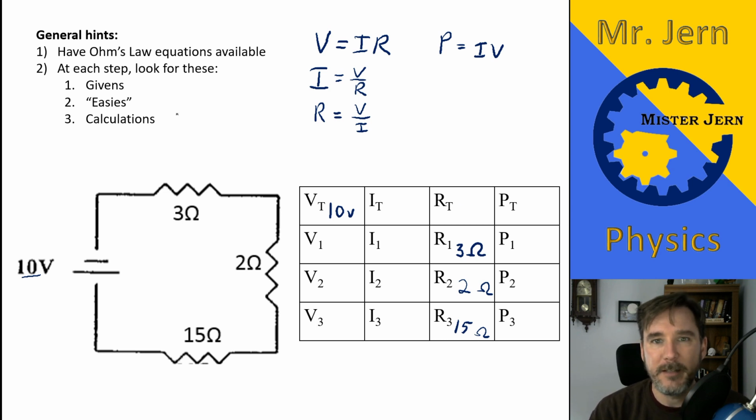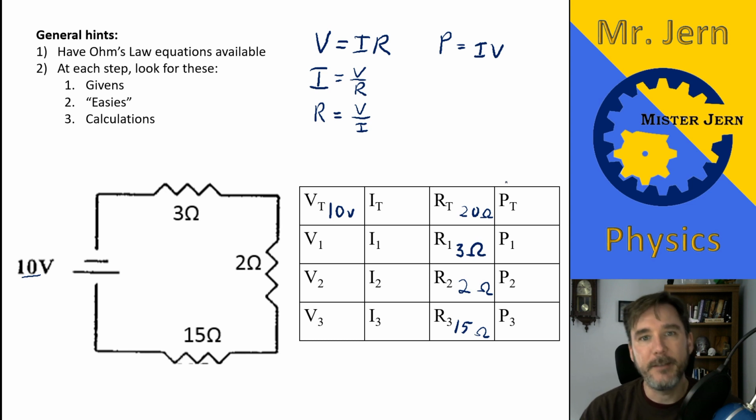That's a calculation. When we're dealing with a circuit in series, to find the total resistance, all you do is add up the resistors. So 15 plus 2 plus 3 gives us a total of 20 ohms of resistance.